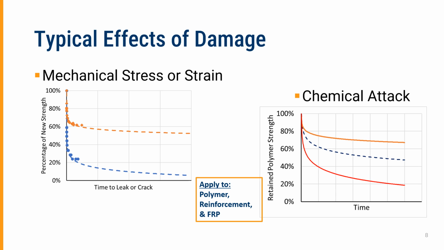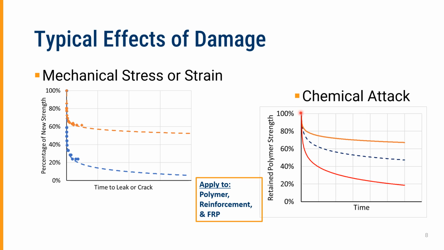For chemical attack, we also see the same type of behavior. If we take a look, and this is something that's really done primarily for polymers, although I'm going to present some information later on glass fibers as well, you can see that retained polymer strength, of course, new and undamaged by any chemical attack, is at 100%.